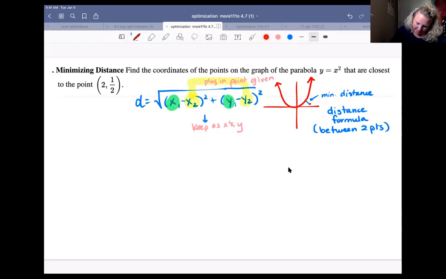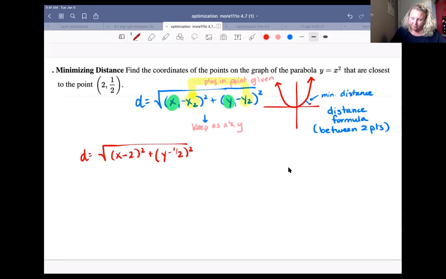So here's what that looks like. X minus 2 squared plus y minus 1/2 squared. Okay, we're keeping the first ones as x and y's. We're plugging in our given x, y point that we're trying to minimize the distance with. And that is your distance formula.